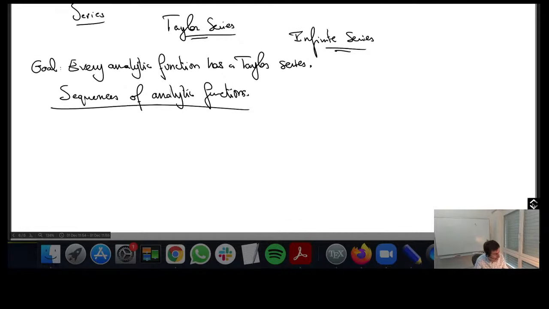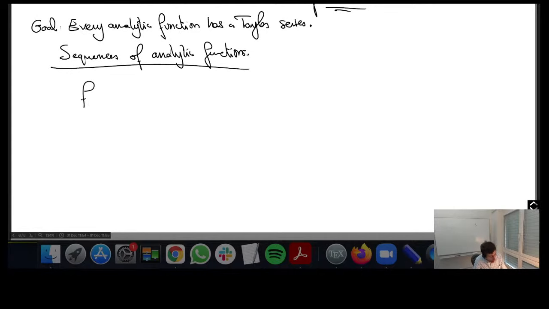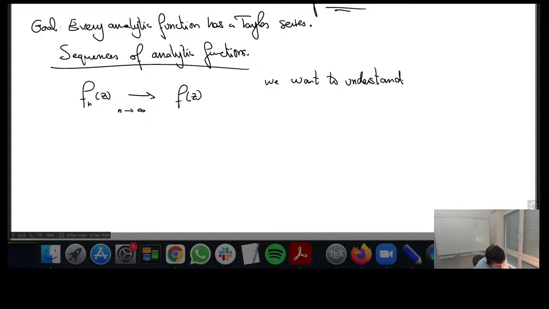The idea being that if we have f_n of z converging as n goes to infinity to some function f of z, we want to understand when.